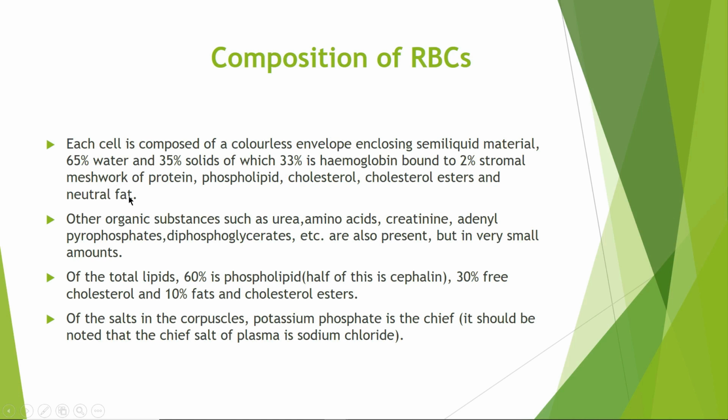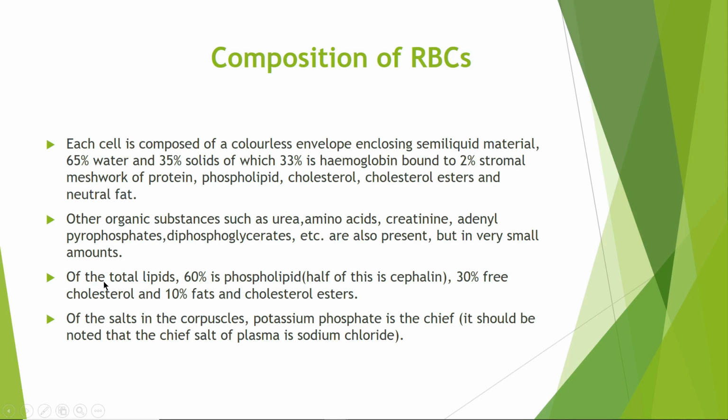These are the components found inside the RBC. Other organic substances like urea, amino acids, creatinine, adenyl pyrophosphates, diphosphoglycerates, etc. are also present, but in very small amounts.